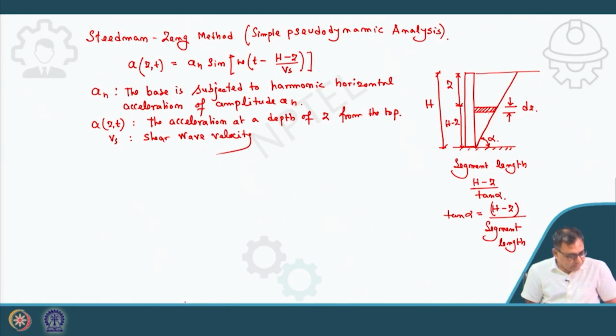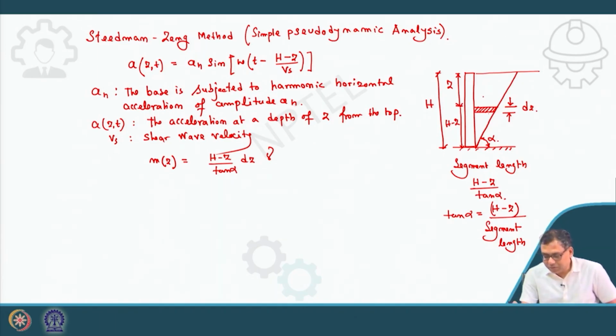Now, what will be the mass of that small segment? What will be the area? The area will be length, that is H minus z divided by tan alpha, into the thickness dz, into the unit weight gamma of the backfill soil, divided by g, because we are calculating mass.